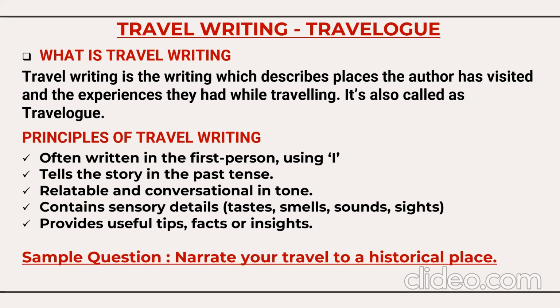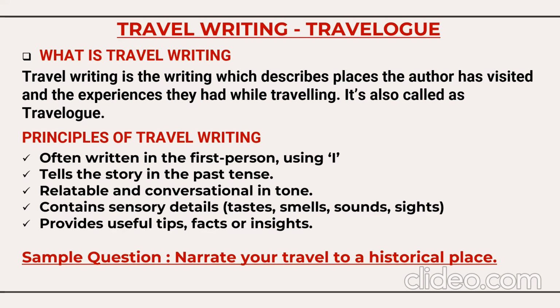So the question may appear like this: narrate your travel to a historical place, or write a travelogue about the place you last visited with your parents. You need to write your experiences, your visit, in the past tense using the first person.